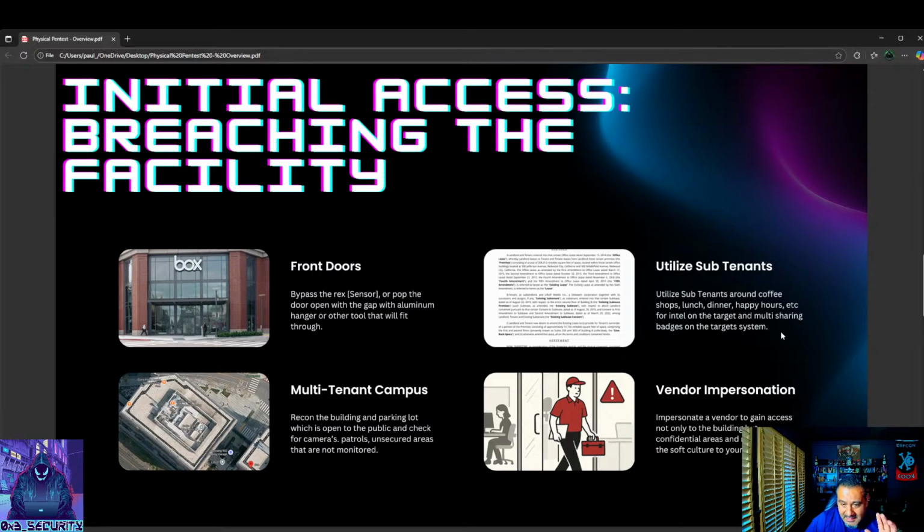Now, why I say this, and again, this is why I picked Box: it's multi-tenant, plus they have a parking garage that's not just used for all the tenants, but also open to the public. Usually the main tenant, which in this case is Box, and all the subtenants are probably going to be linked to their access control system, right? Not their internal floor plan, but to get into the parking garage after hours when it closes, because it's not open 24/7 for the public.